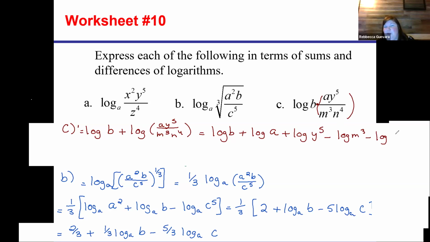So because we have n to the 4th on the bottom, negative log n to the 4th.